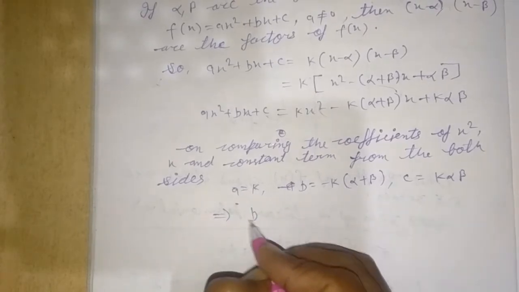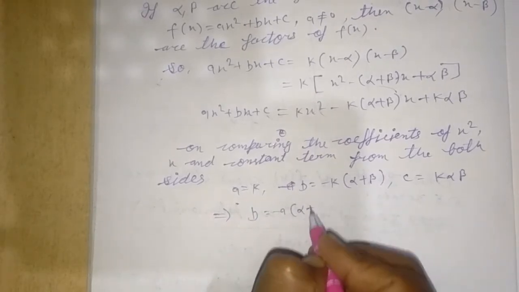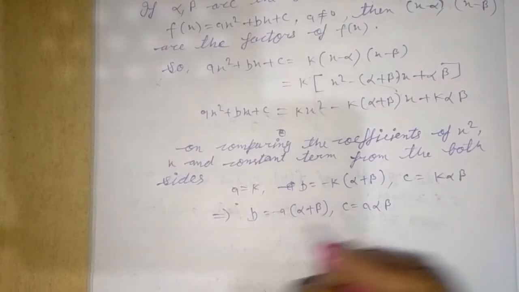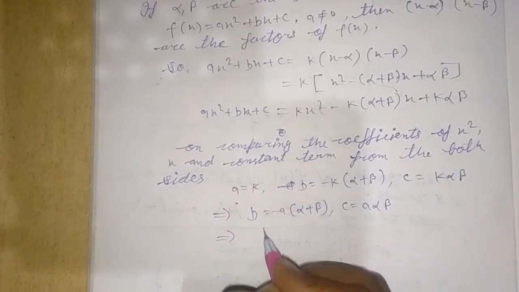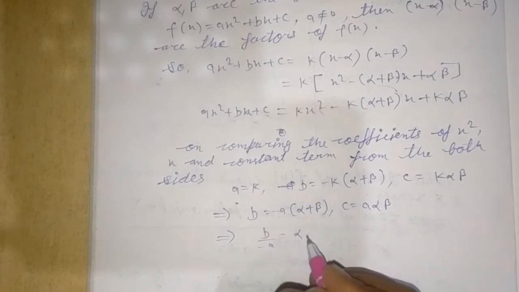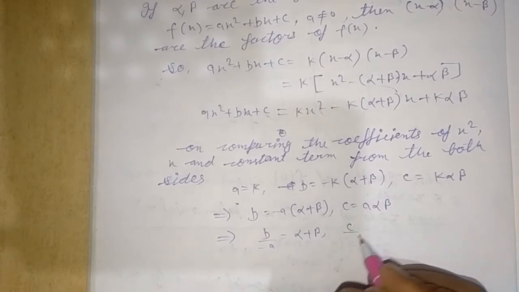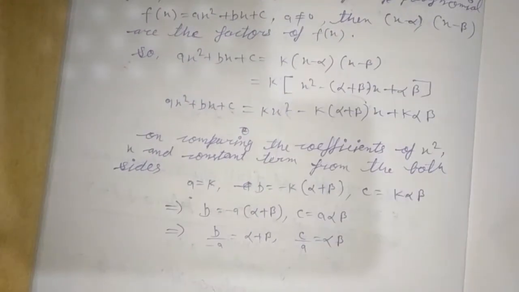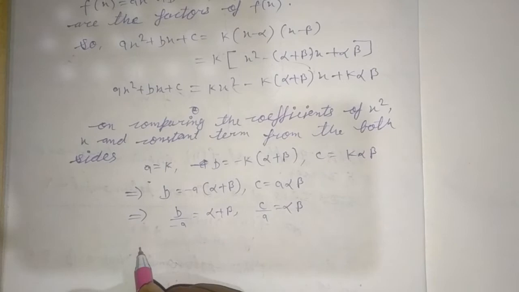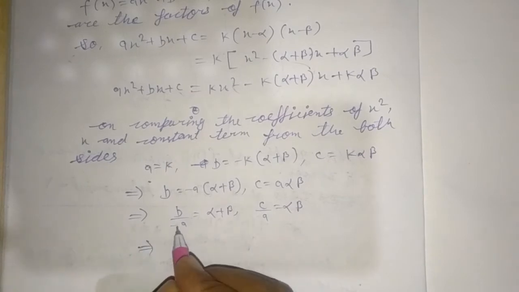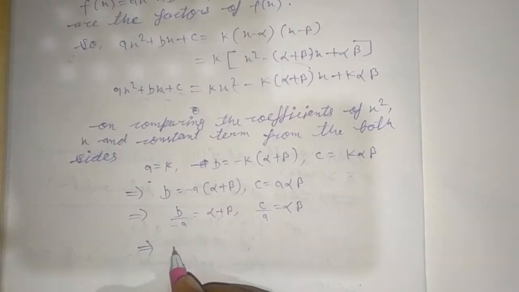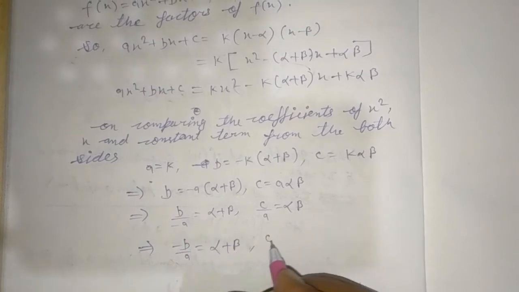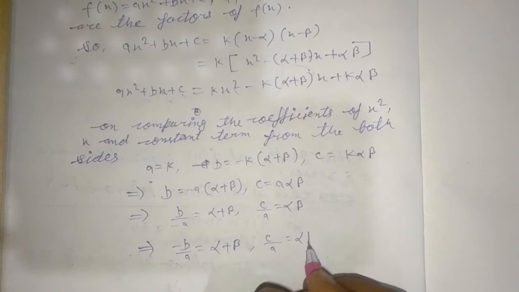Now put this in: b is equal to minus a times alpha plus beta, and c is equal to a alpha beta. This implies that b upon minus a is equal to alpha plus beta, and c upon a is equal to alpha beta. So we can write minus b upon a equal to alpha plus beta, and c upon a equal to alpha beta.